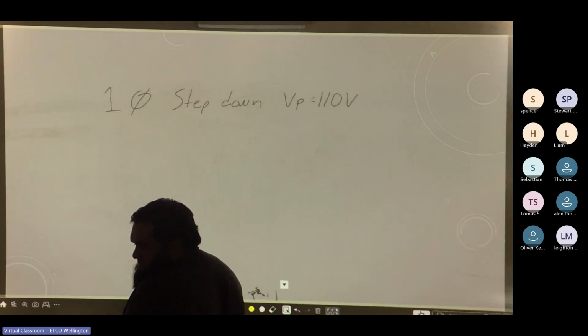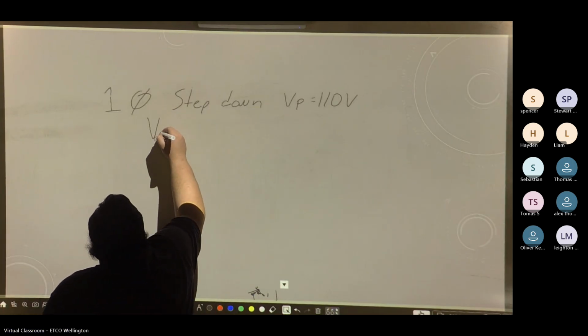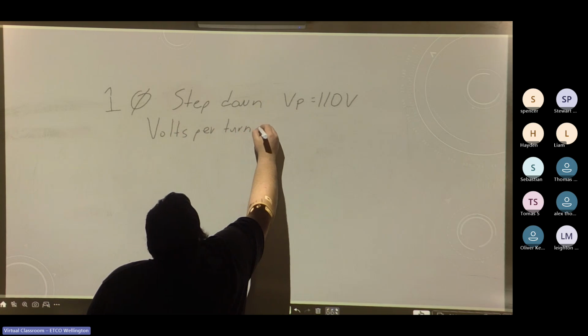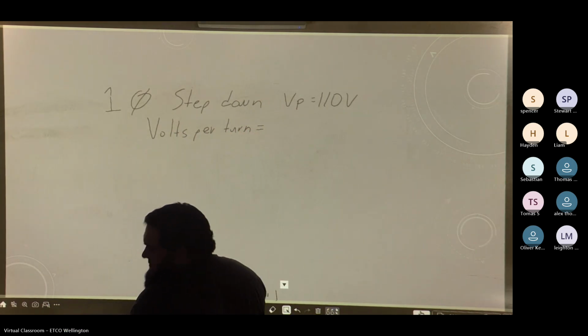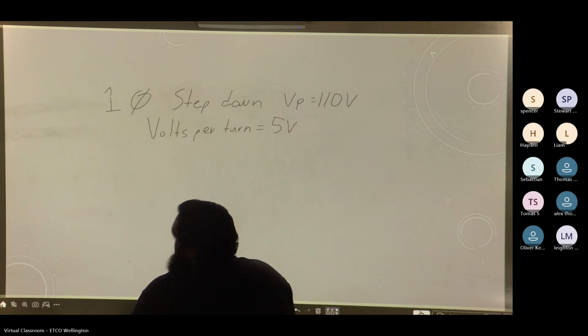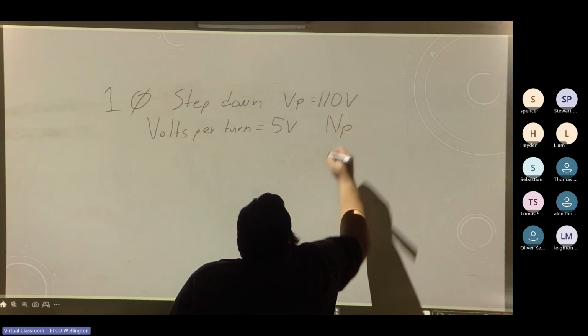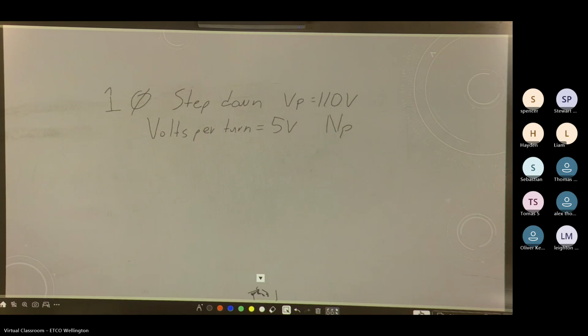So we have a volts per turn of 5 volts. Find the number of turns in the primary winding. It's not the same calculation, but it is similar.